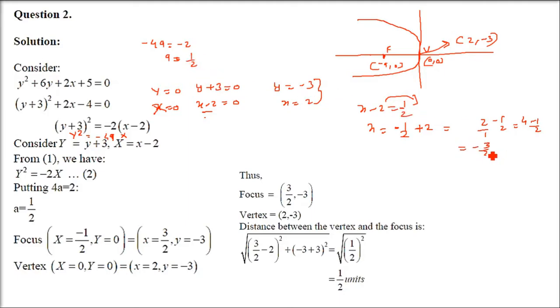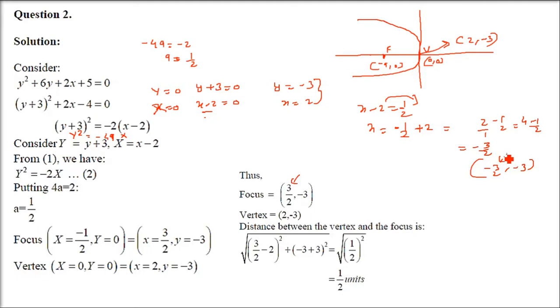So it's 3 by 2, and of course the y, what is the y term? Y plus 3 equals 0. So y equals minus 3. So the focus is 3 by 2 and minus 3. So the vertex is known and the focus is known.